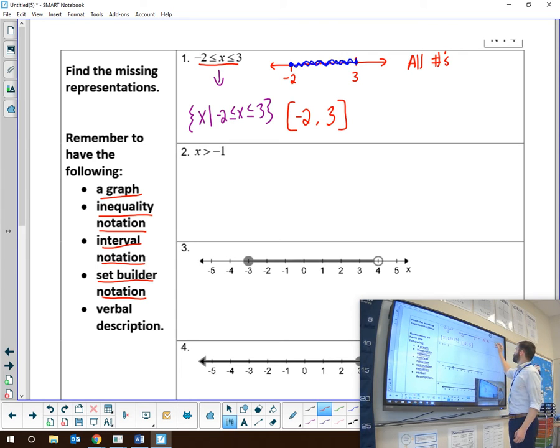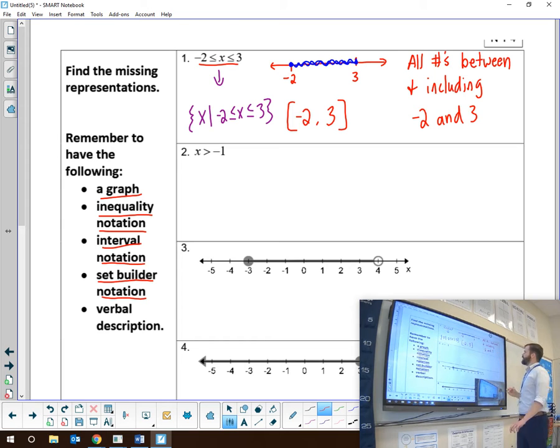All numbers between and including negative 2 and 3. That makes sense? All numbers between and including negative 2 and 3. I think that's a good verbal description.